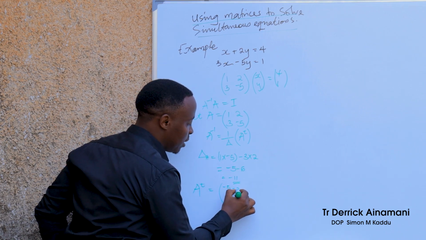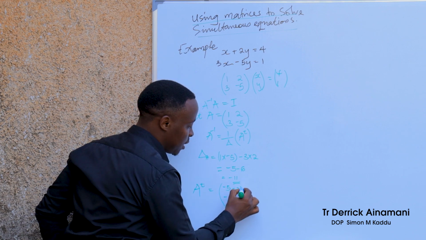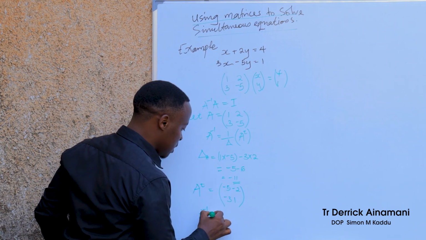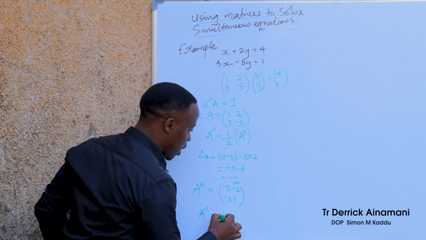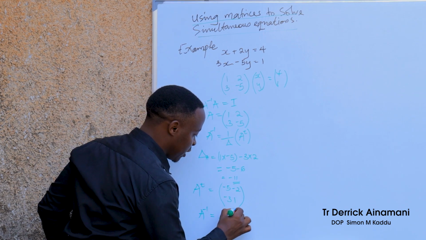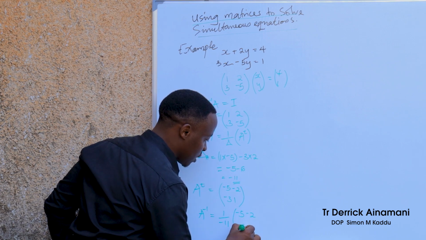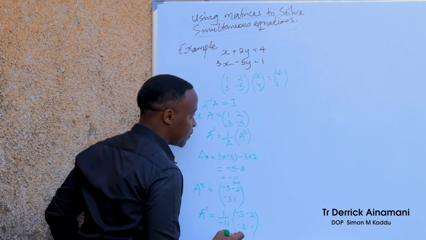Then our 2 will become a negative and our 3 will become a negative. This is our adjoint. So our inverse is equal to 1 over negative 11 into negative 5, negative 2, negative 3, and 1.